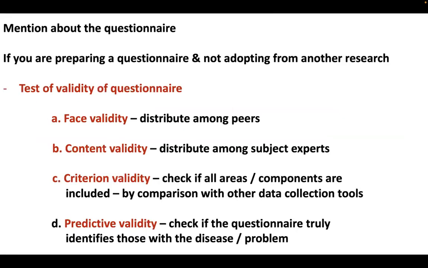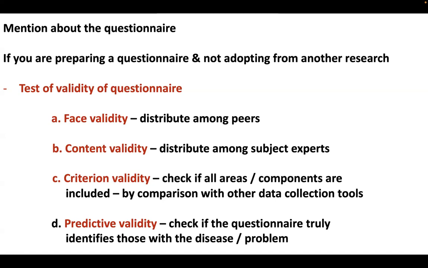These are the various ways we can do validity of the questionnaire. Validity can be done using face validity, content validity, criterion validity, and predictive validity. We cannot go into much detail, but you should understand what each actually means. Face validity means, most of you are in academics, right?